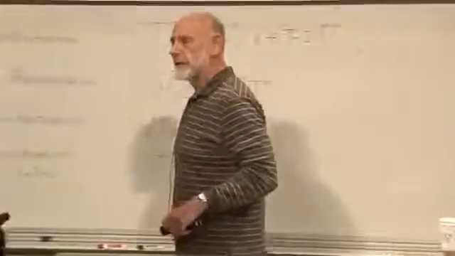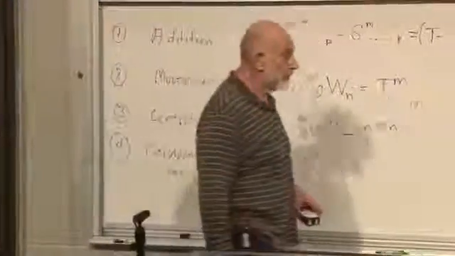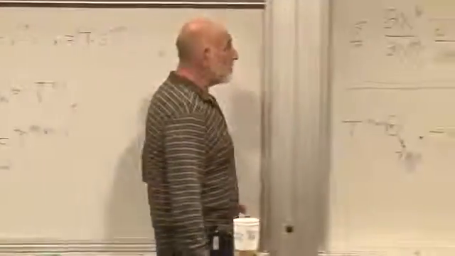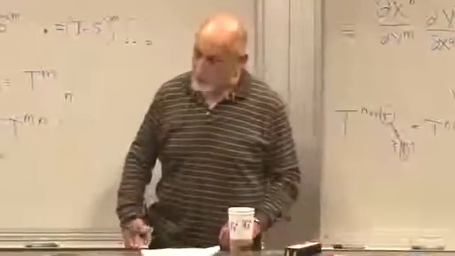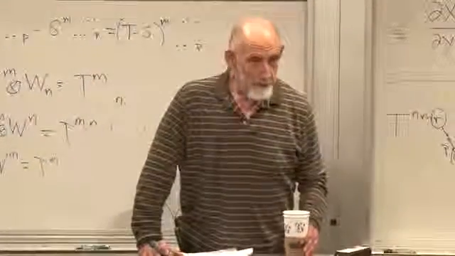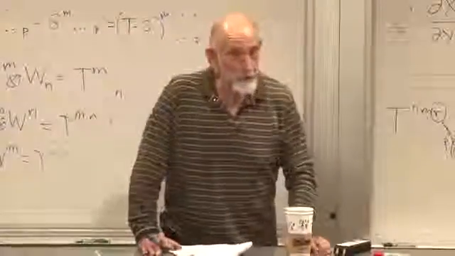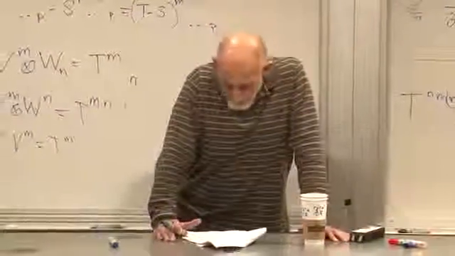Isn't the inner product of 2 vectors? No, the inner product of two vectors is one upper and one lower. Right. So this is really kind of a generalization of the inner product, the contraction is a generalization of the inner product of two vectors. Yes, that's exactly right.